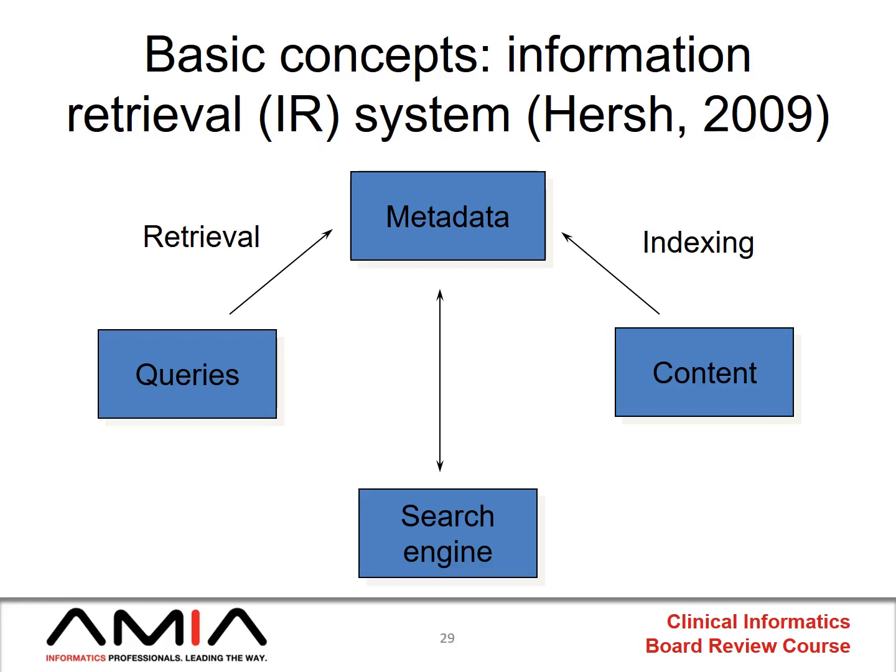In order for that content to be found, we need to index it, and we need to express that indexing in metadata, which is data that describes data, in this case, data that describes what's in the content. In order for users to find that content, they enter queries into a retrieval system using that metadata, and a search engine is the system or software that matches the queries to the content using the metadata.